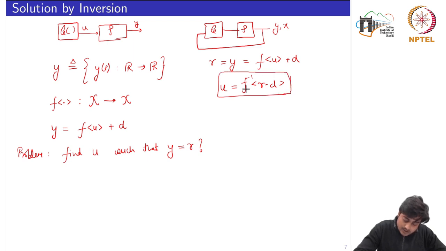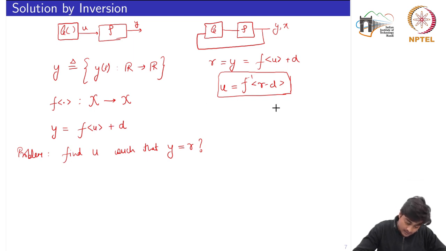So this is the inverse of the function f, and it is a function of the signal r minus d, in a similar way as it was a function of u.